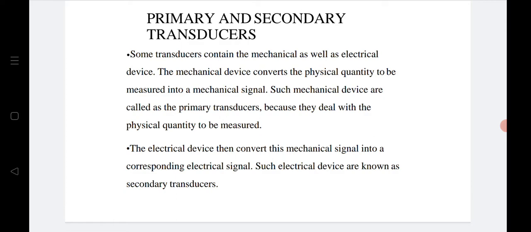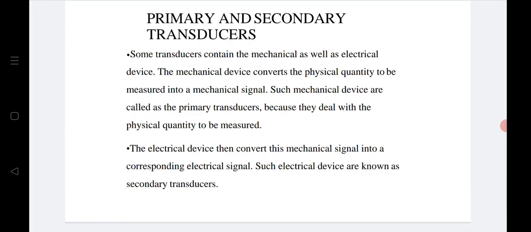There are some transducers which contain mechanical as well as electrical devices. Whenever we say transducer, electrical components will be there, but apart from electrical components, we may also use mechanical components.